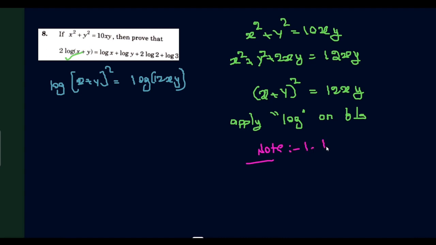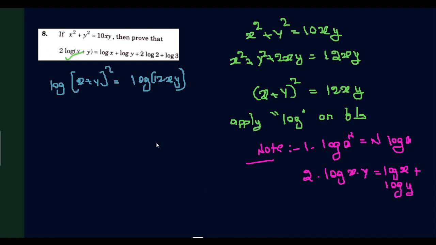First one, log a power n is nothing but n log a. The power becomes a multiplier. The second one is log of x into y can be written as log x plus log y. So these two formulas we're going to use here.